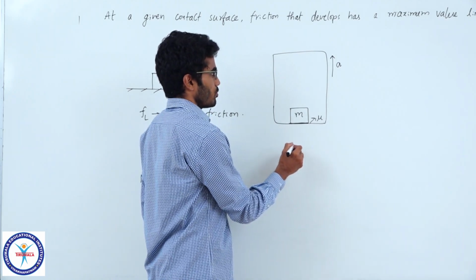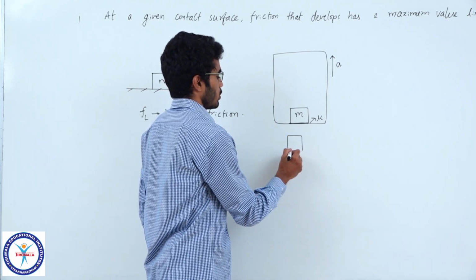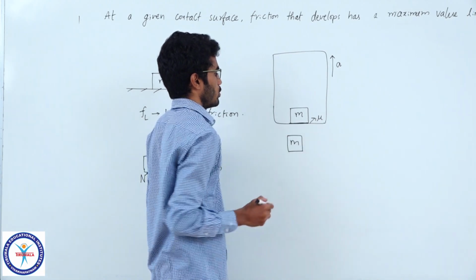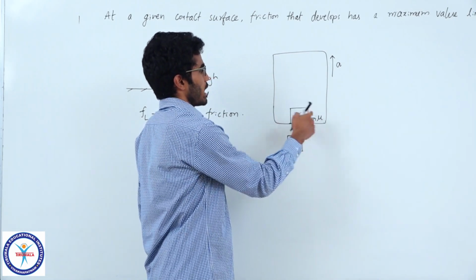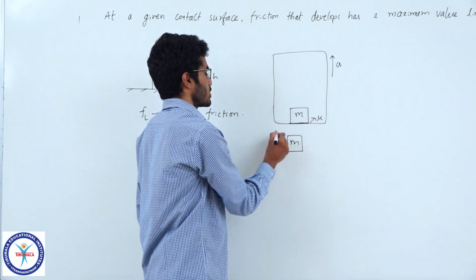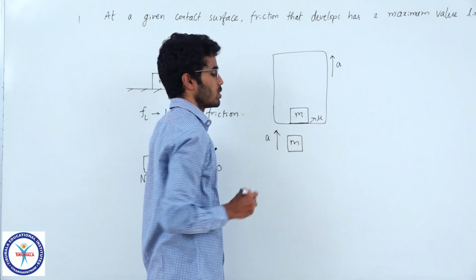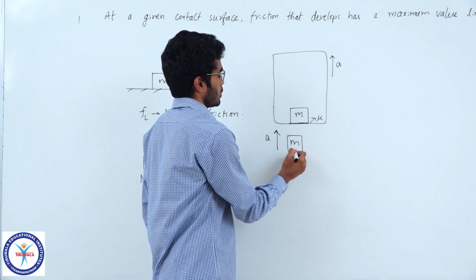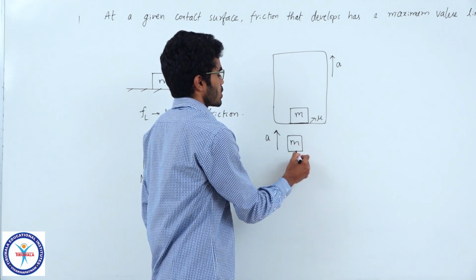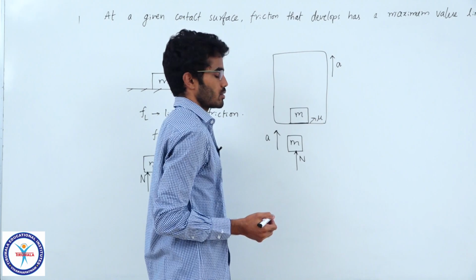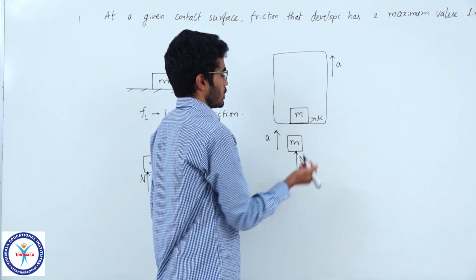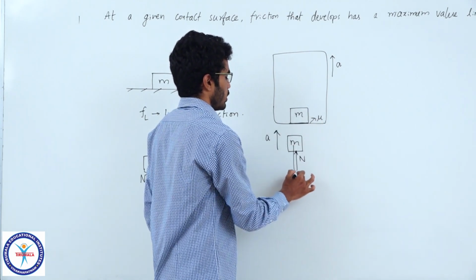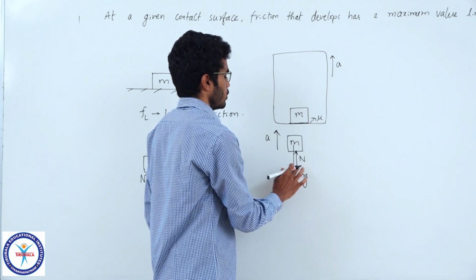So, now you have to draw the free body diagram of the block. Since the block is accelerating with the lift, the acceleration the block possesses is also a. Now, identify the forces acting on the block: the normal reaction from the surface of the lift, and the gravitational force, weight, acts on the body.